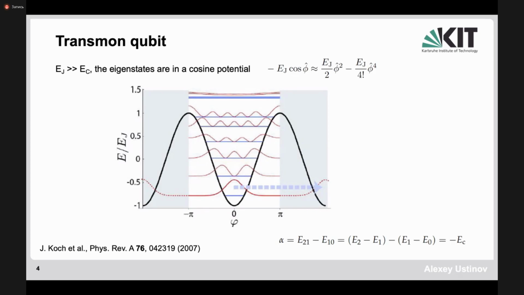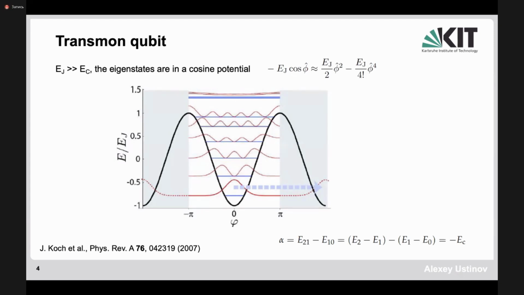We denote it as alpha in absolute units. And it turns out, from the properties of the transmon Hamiltonian and eigenstates which we discussed in the previous lecture, approximated by Mathieu functions and so forth, that the anharmonicity parameter, in the second order perturbation expansion, is given by the charging energy.